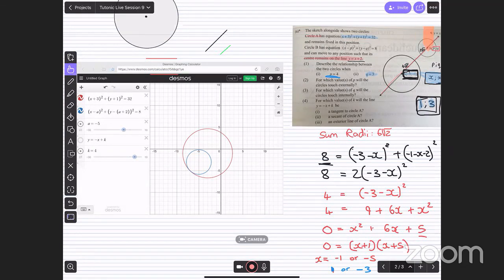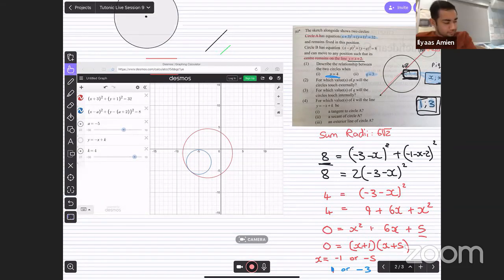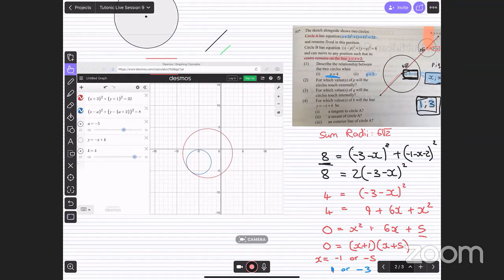Okay, so basically when they're asking you for the relationship between two circles, you're working with the radii, and it's the sum of the radii and the distance between the circles, right? So for the first question, we had to work out P and Q first, and then we had to work out the distance and then the sum.